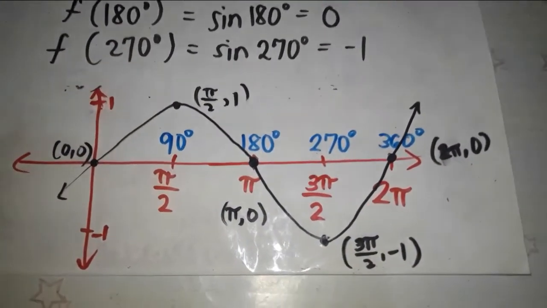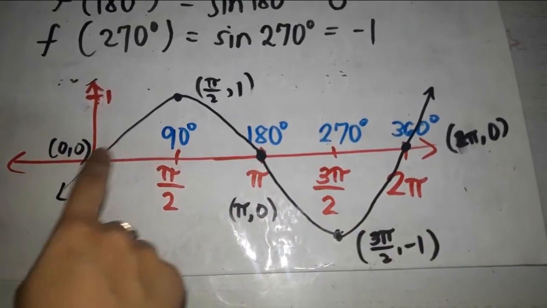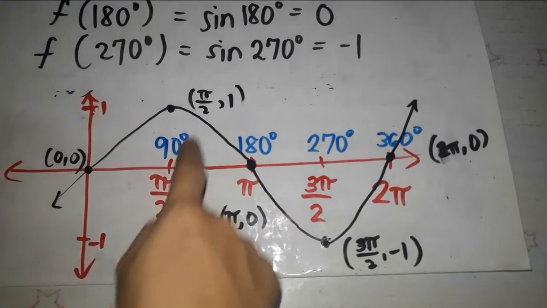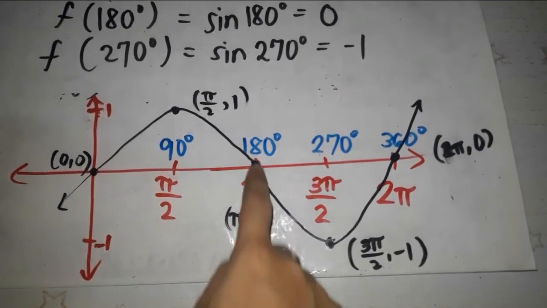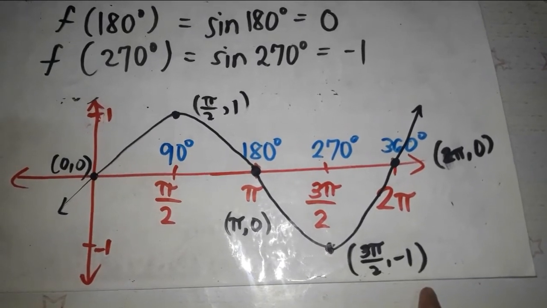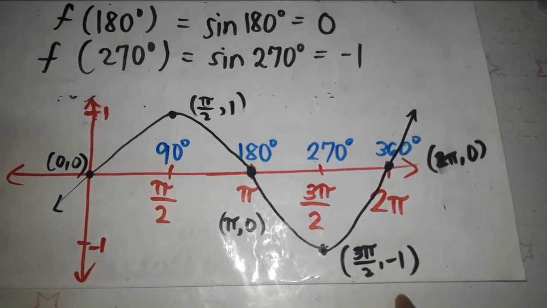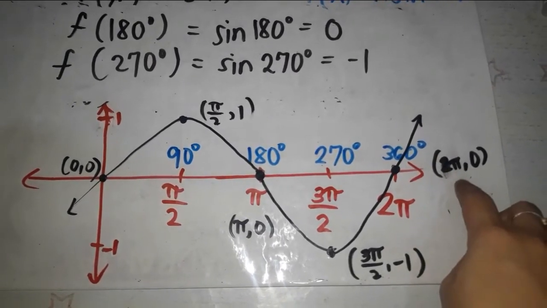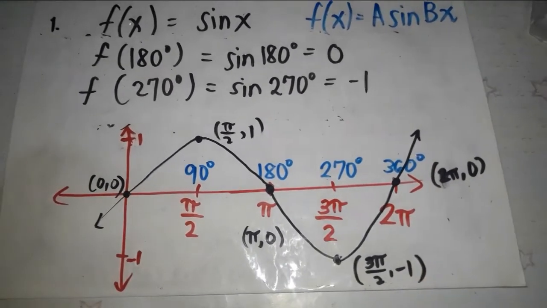Notice that we've written here the coordinates 0, 0, pi over 2 and 1, or 90 degrees and 1, pi and 0 or 180 degrees and 0, 3 pi over 2 and -1 or 270 degrees and -1, and 2 pi and 0 or 360 degrees and 0.